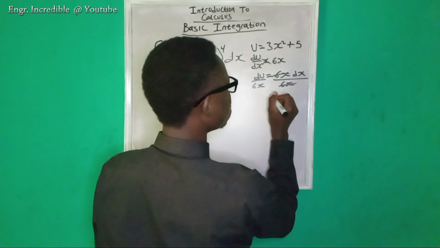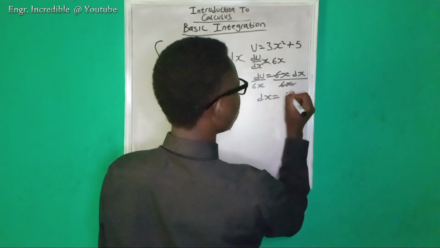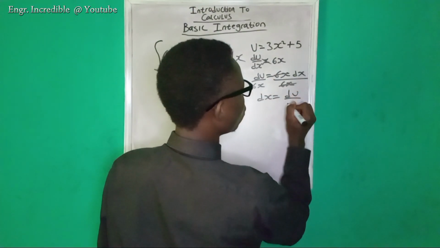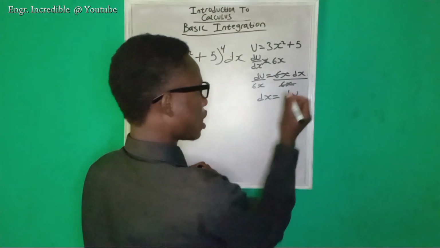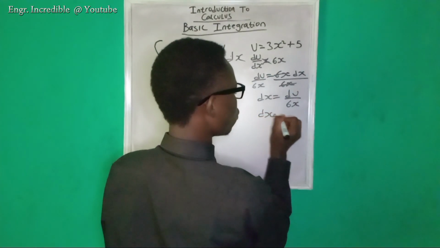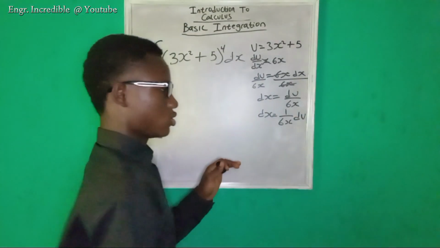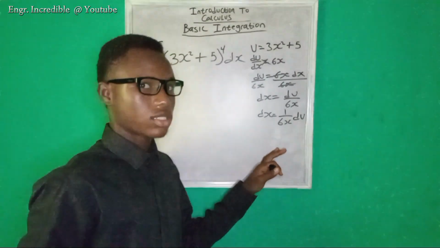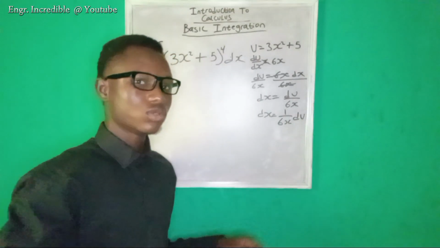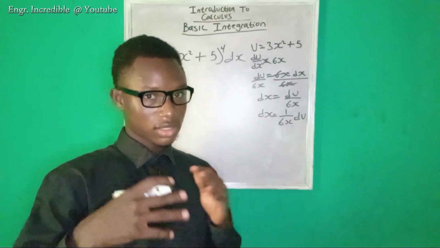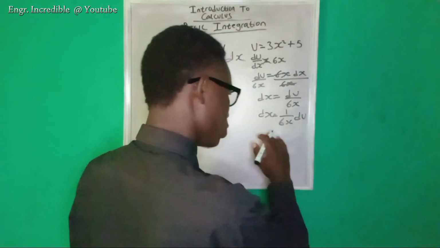We have our dx is equal to du over 6x, or it can also be written as dx is equal to 1 over 6x times du. So this is what our value for dx is. Unlike the earlier one where we got dx equal to du, there are cases where you see something like this.